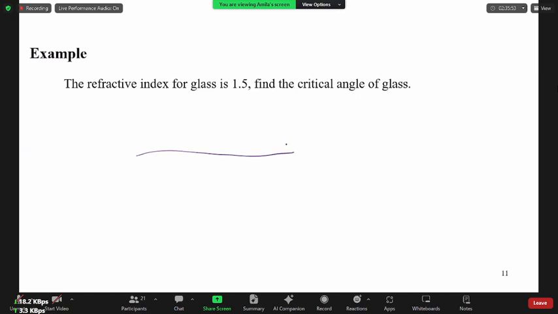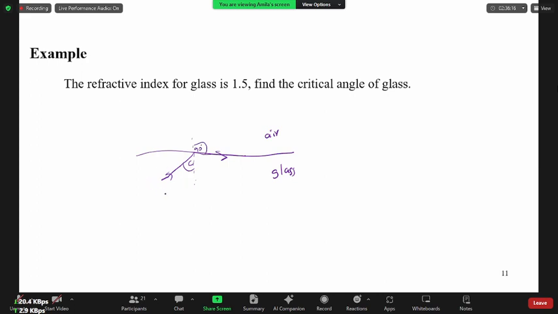So let's take, this is glass, this is air. So we have the normal. Since this is the critical angle, this is C, so light will go here. This is 90. So apply Snell's law here.